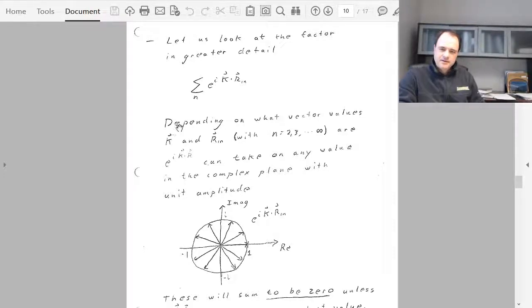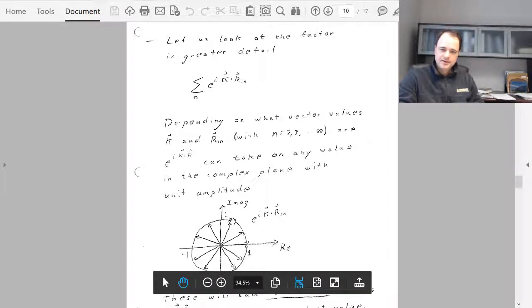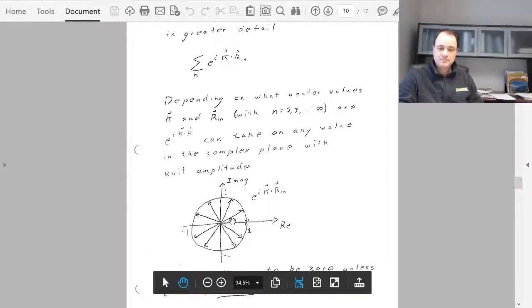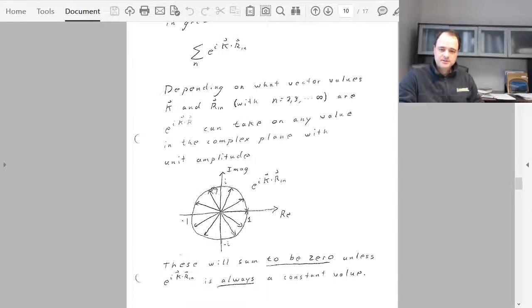All right, so depending on what values k and r are, this complex function can take on any value in the complex plane that has a modulus of 1. E to the i phi always has a modulus of 1, but depending on its real and imaginary parts, it can be anywhere on this circle of magnitude 1.